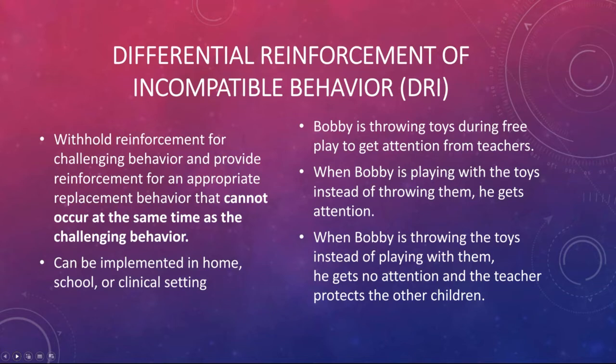It can be implemented anywhere. As an example, Bobby's throwing his toys. When Bobby's playing with his toys, instead of throwing them, he gets attention. That's what he wants. When he is throwing them, the teacher doesn't give him attention.